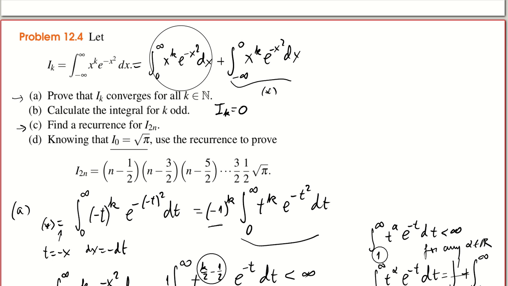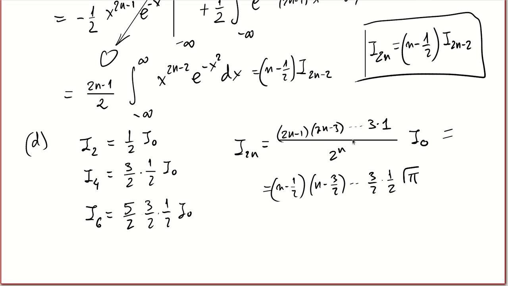By the way, there's a way of writing this. As you can see, this is the same as the factorial, but you're jumping by 2. So you take 2n-1, then you skip the next one, and you multiply by 2n-3, and so on. So you are multiplying the even or the odd numbers, depending on which one you start from. There is a symbol for that.